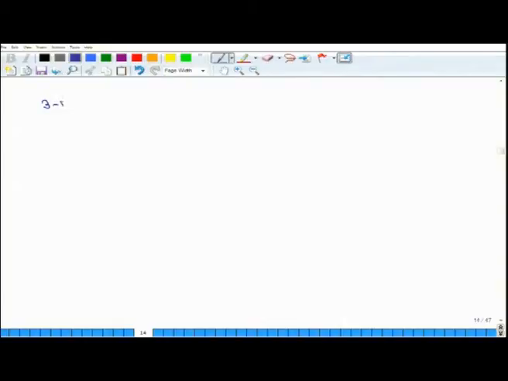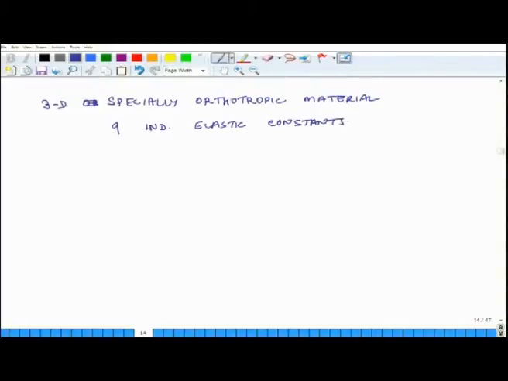So, a 3D especially orthotropic material will have 9 independent elastic constants.